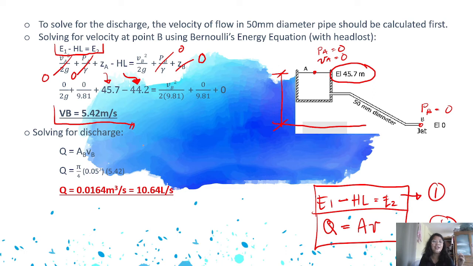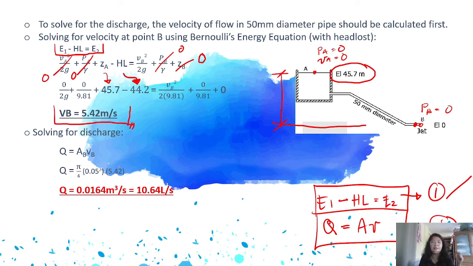Okay, ayos. And then, ayun na. So, from equation 1, okay na tayo. Proceed tayo kay discharge. So, discharge now is equal to the area of your jet at point P. Syempre, kung ilan yung diameter niyan, yun lang din yun. So, 50 mm. So, 1/4 pi by 0.05 squared by the velocity nakuha mo doon sa energy equation.